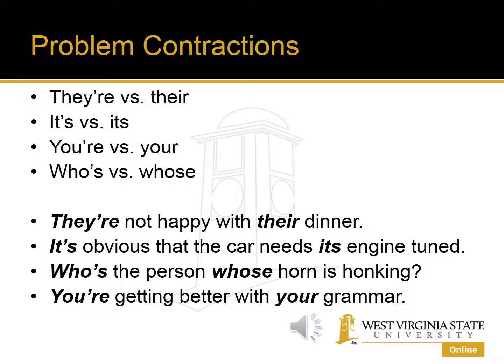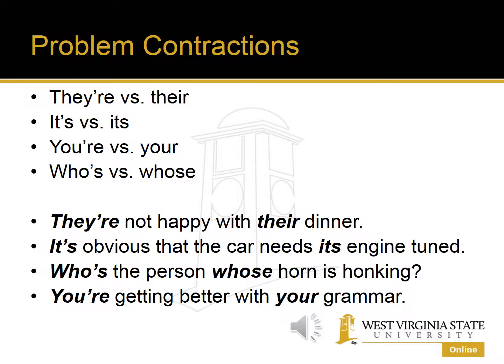Some examples here might help. They're not happy with their dinner. In the first, they are not happy with their dinner. Their is referring back to they. It's obvious that the car needs its engine tuned. It is obvious that the car needs its engine. Its refers back to car, a possessive pronoun.